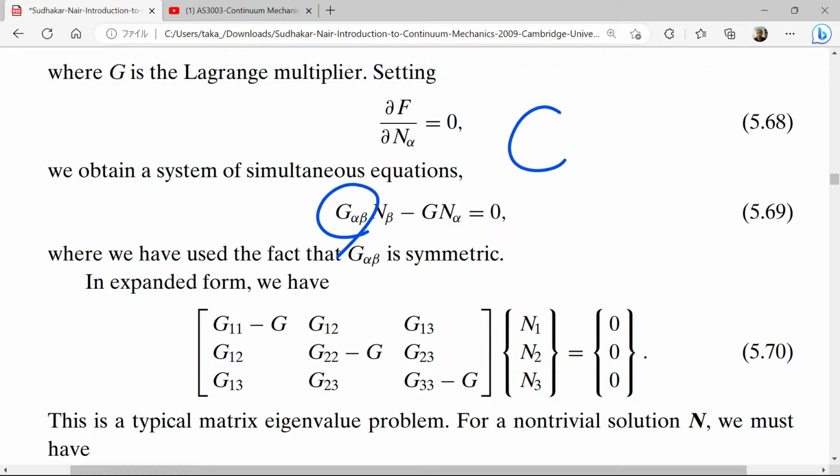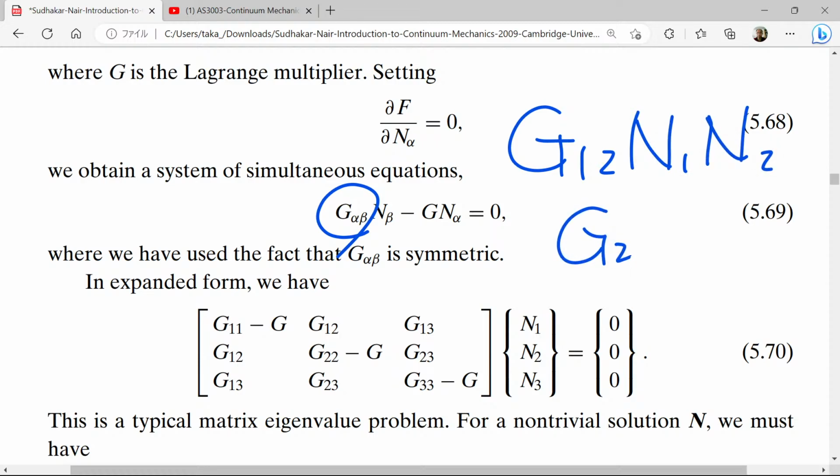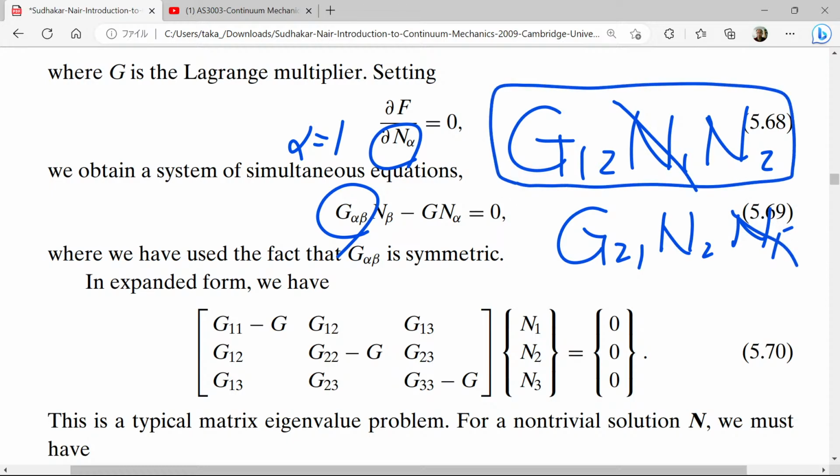So actually if we have G12 N1 N2, we also have G21 N2 N1. If you take a partial derivative, for example, alpha is 1, you cut this and you cut this, so you will end up having two terms, G12 N2 and G21 N2.